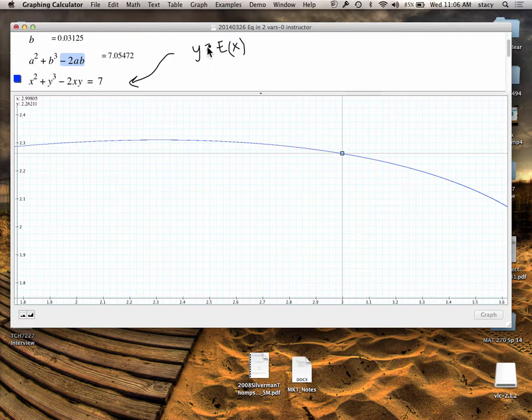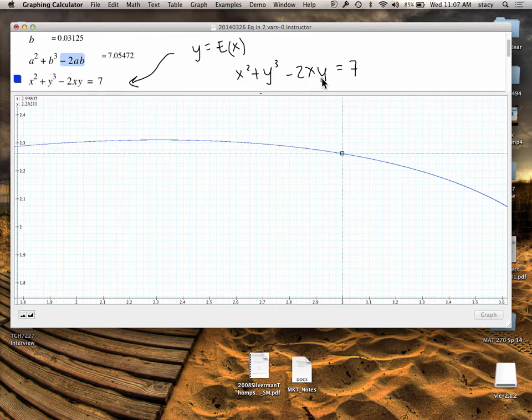And so if I imagine y as a function of x, then when I look at the equation x squared plus y cubed minus 2xy equals 7, this piece, the y cubed, is now a composite function, right? It's some function of x raised to the 3rd power.